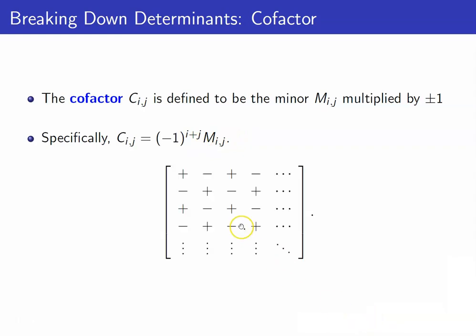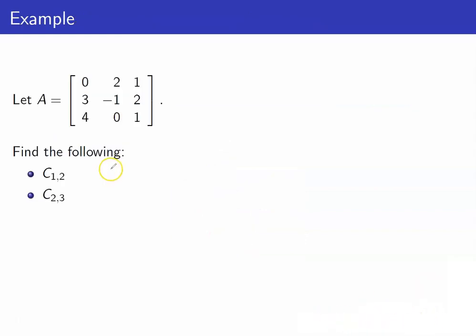What this means is that if you have this matrix, you have an alternating pattern of plus and minuses. For example, here in the 1, 1 entry, 1 plus 1 is 2, so that's why you have positive here. Here you have 1, 2, and 1 plus 2 is odd, so therefore you have minus here, and so on and so forth.